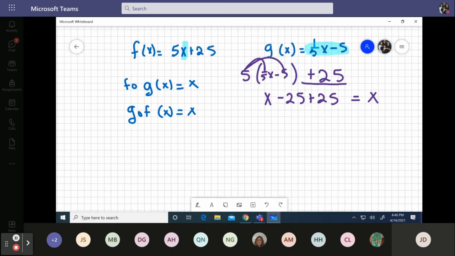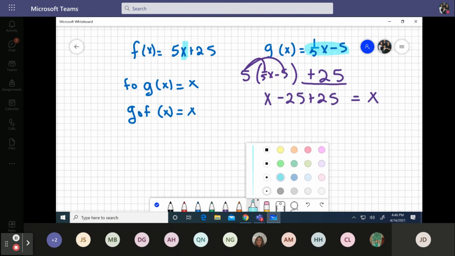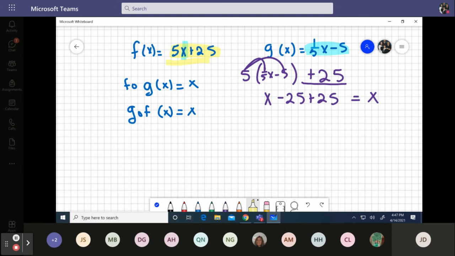I have to test them both. This time for g of x, I have to put 5x plus 25 in. So I have 1/5 minus 5.